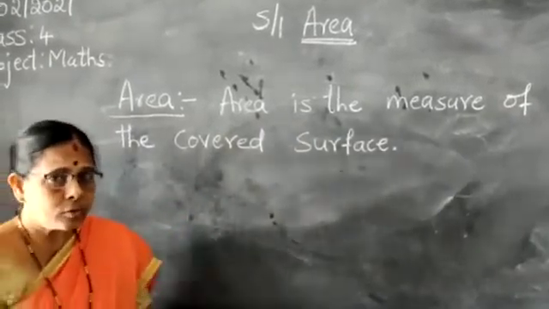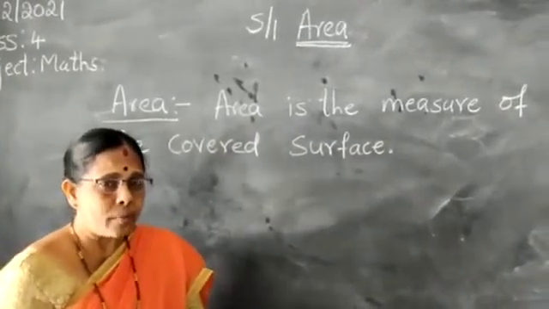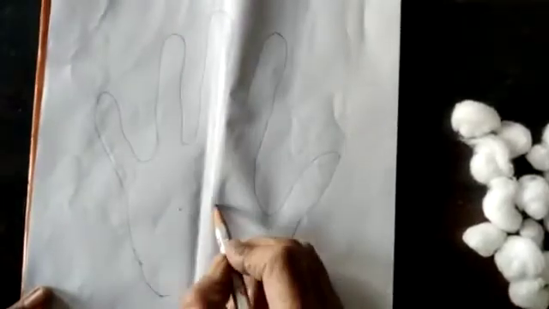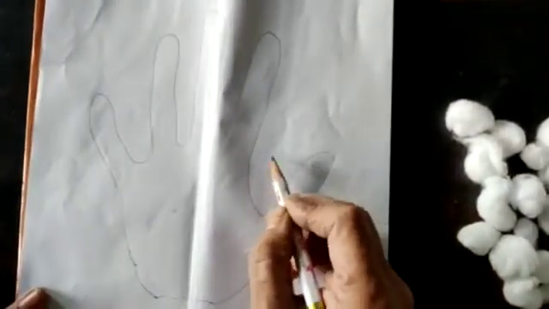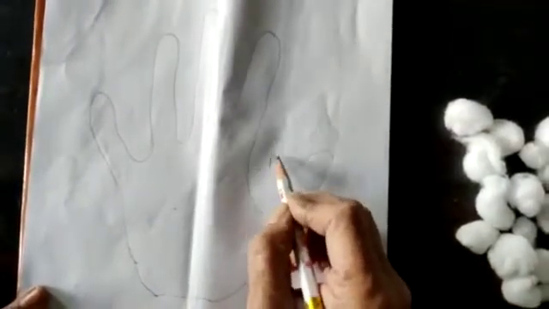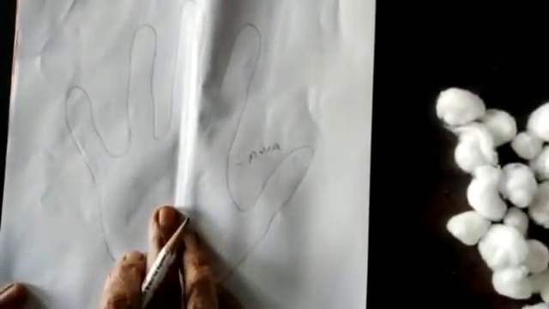Okay, I will show you some examples. Children, I traced my hand on paper. Now this part is area. We will measure this area, first with cotton balls and afterwards with rajma beans.